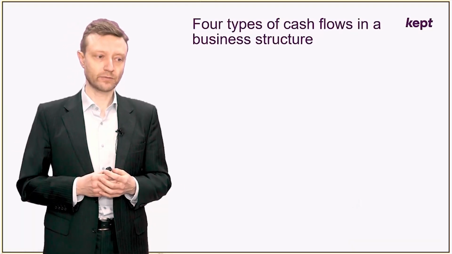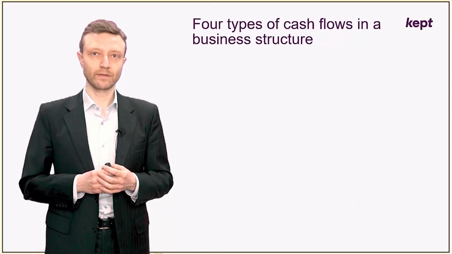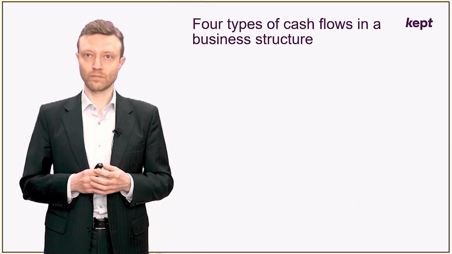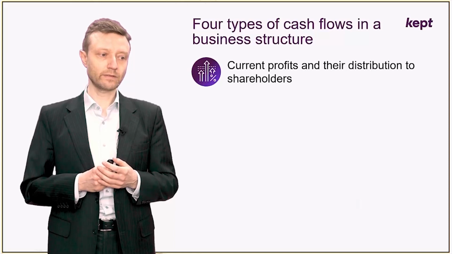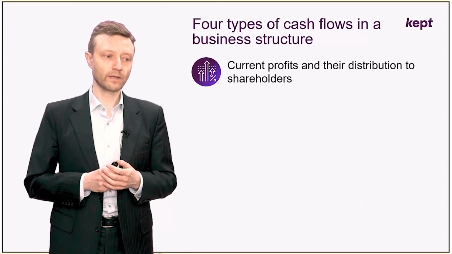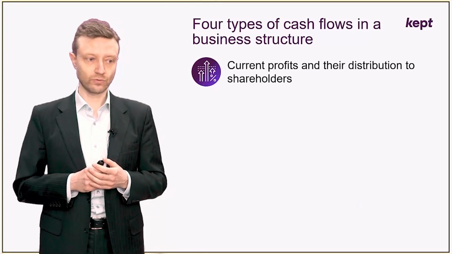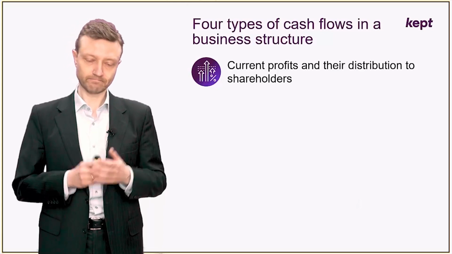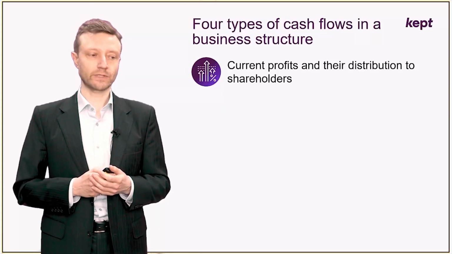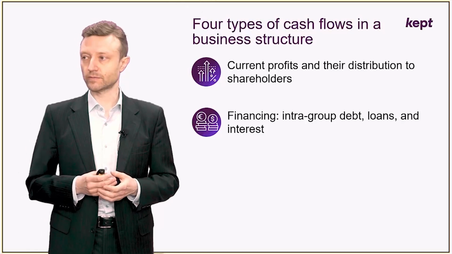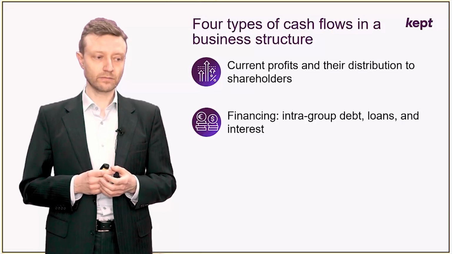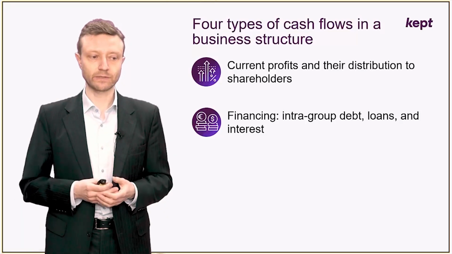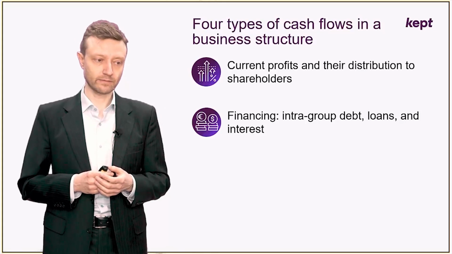Basically, these transactions or cash flows can be divided into 4 categories. The first one relates to current profits and their distribution to shareholders of a business. That's one type of transactions. Second type of transactions relates to financing.